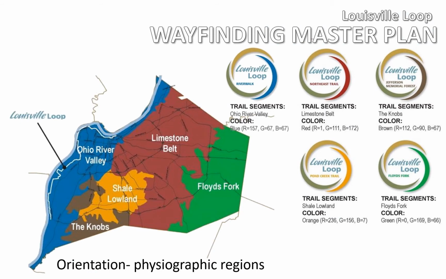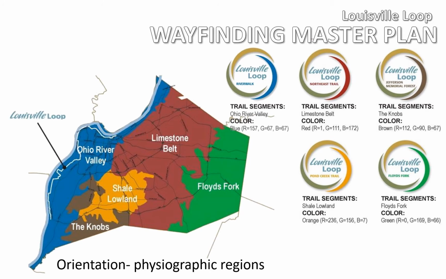Embedded in the Wayfinding master plan is part of the basis for differentiating features of Louisville in the metro area. Louisville is blessed by having quite diverse physiographic regions represented in the county. There are five parts: the Ohio River Valley, the Knobs, the Shale Lowlands, the Limestone Belt, and the Floyd's Fork areas.